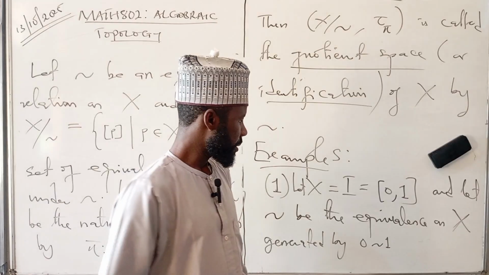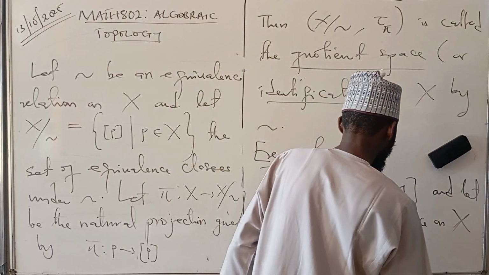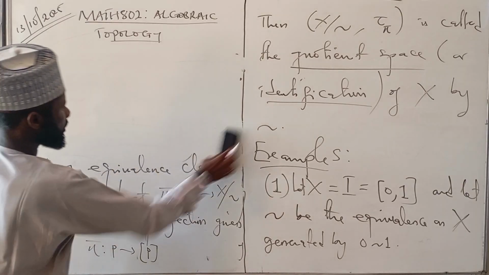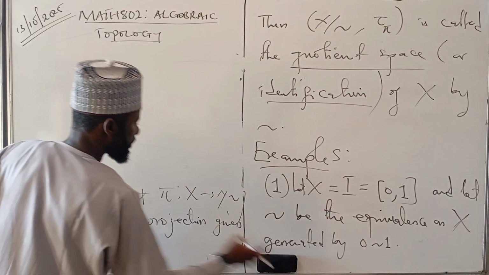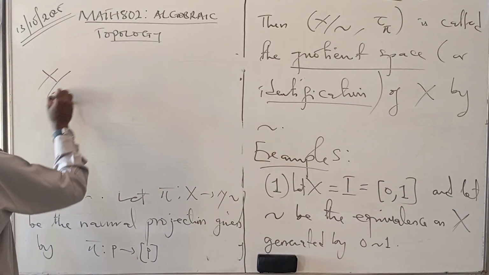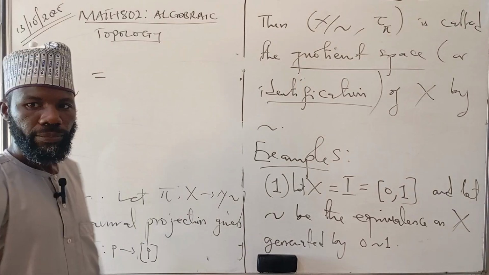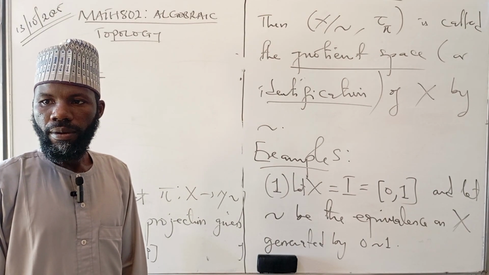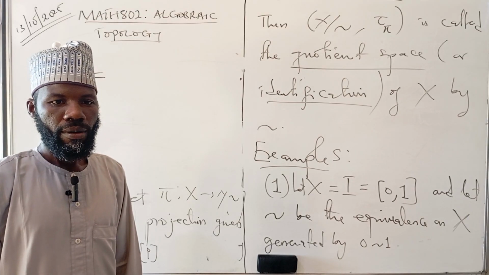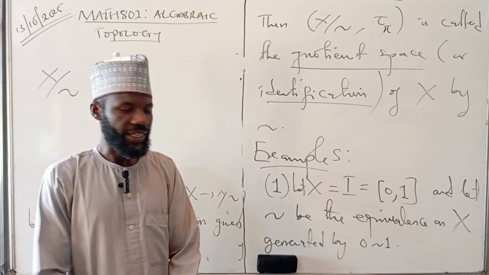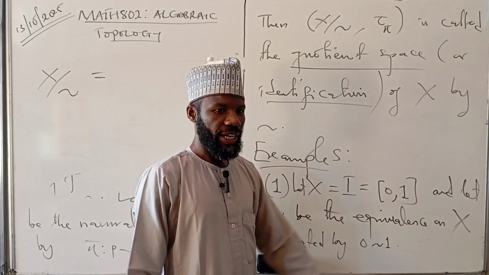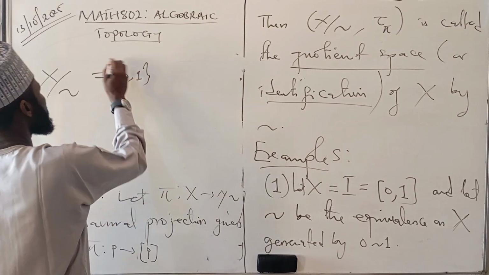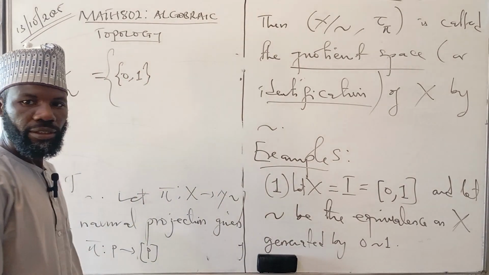So what will be this one? If you understand this, what will be the quotient space now? That is the set of equivalence classes. Well, 0 and 1 belong to the same equivalence class. 0 and 1 are in the same class. So this will be like this.